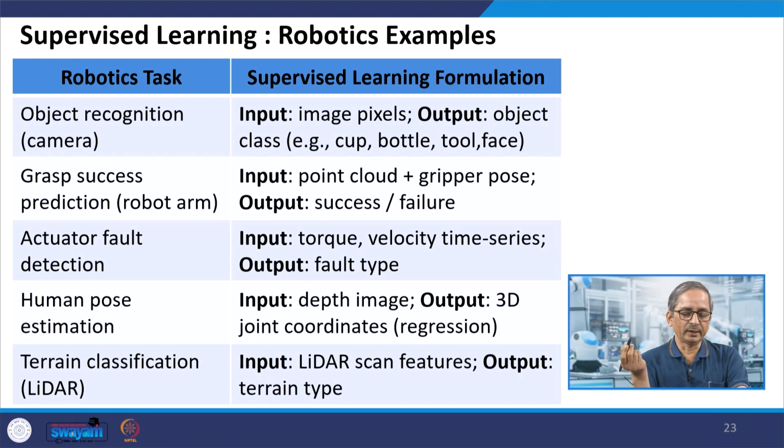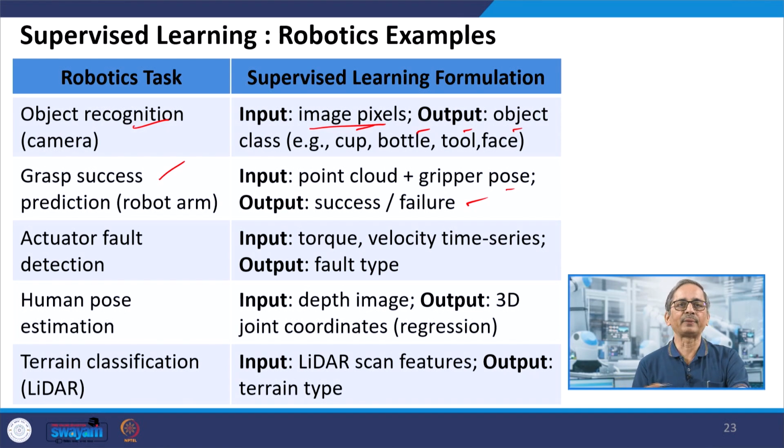In supervised learning, we can consider various robotics examples where it can be useful. For object recognition using a camera, our input could be image pixels, and the output could be a class, what type of object it is: cup, bottle, tool, face and so on. For grasp success prediction, it could be point cloud plus gripper pose, and the output could be success or failure in the grasping.